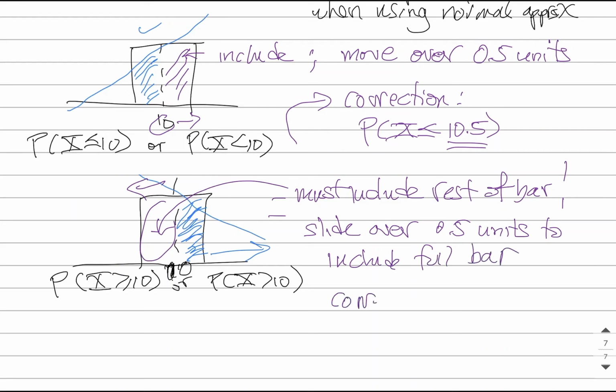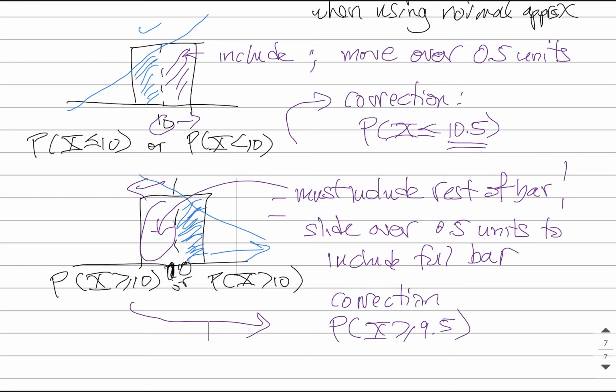So that means that continuity correction would say, if you really want this type of thing, you should slide the bar over to 9.5. So slide the bar over to 9.5 to get a more accurate result.